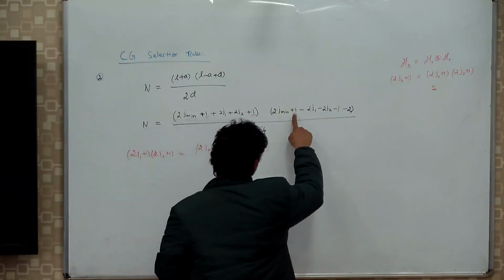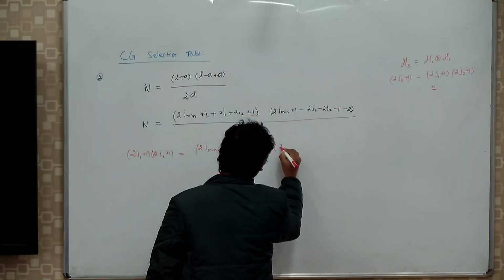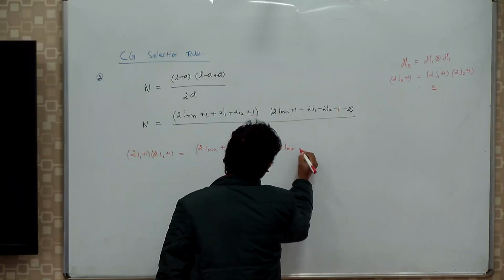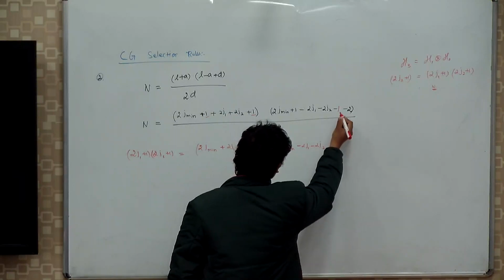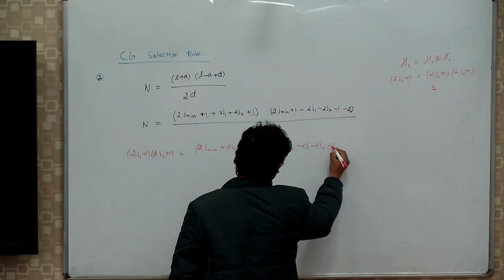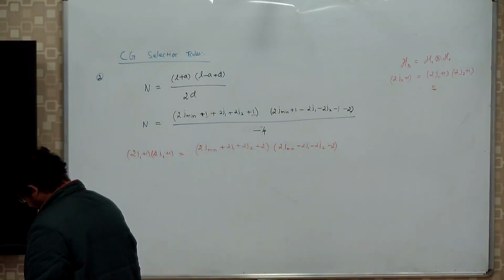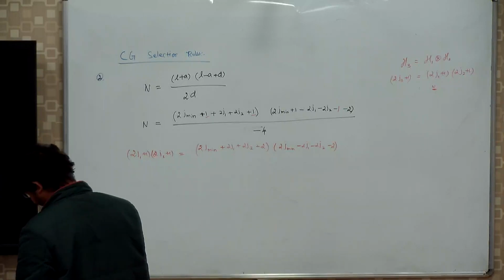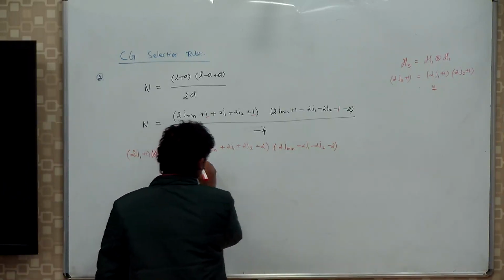Then the plus 1 and minus 1 will get cancelled. So the remaining terms are 2j minimum minus 2j1 minus 2j2, then minus 2, divided by minus 4.